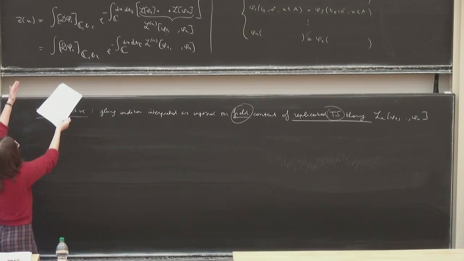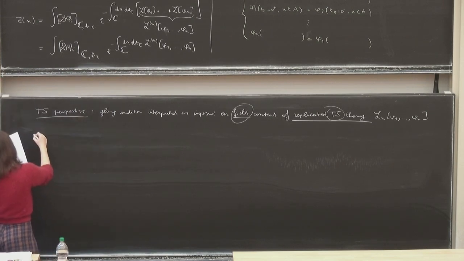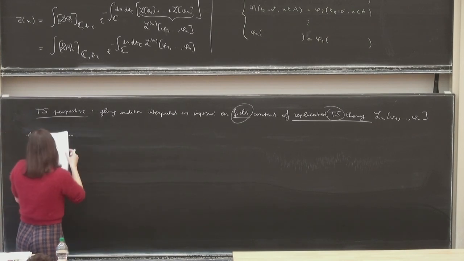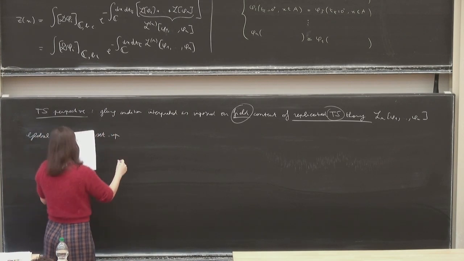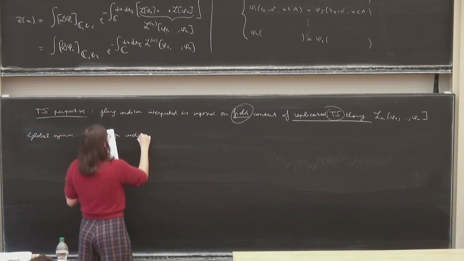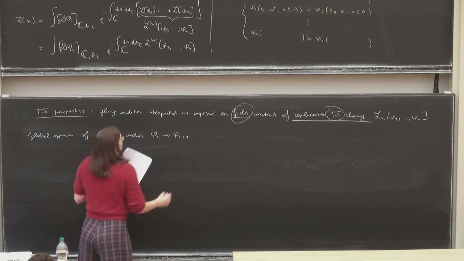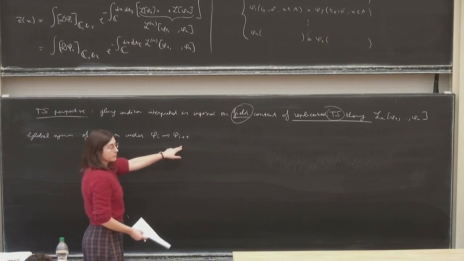Okay, so our new interpretation of the same object Z_n has a global symmetry under changing the fields phi_i to phi_{i+1}.